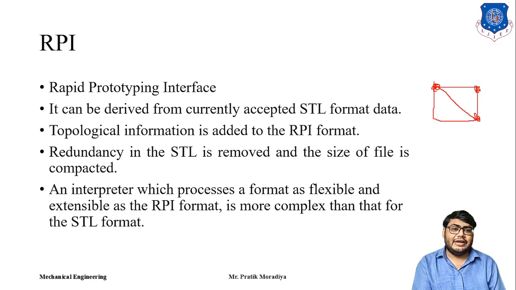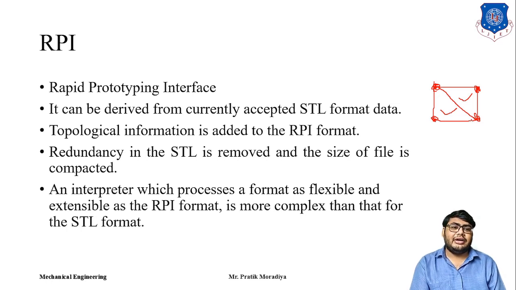So in an STL file, I need to specify all the 3 points of this vertex in XYZ, all the 3 points of this vertex in XYZ, and all the 3 points of this vertex in XYZ to represent this one triangle. That is okay, there is no issue. But to represent this triangle, I again need to mention all these 3 vertices and all these 3 vertices and this vertex extra. So I am storing 6 data extra, 3 here, XYZ here, and XYZ here.